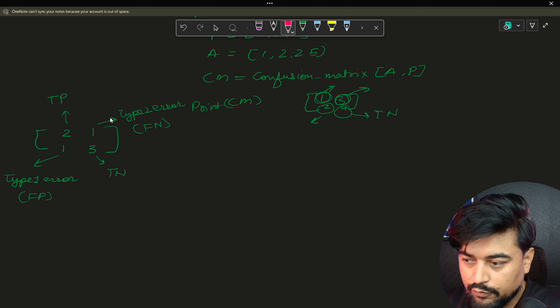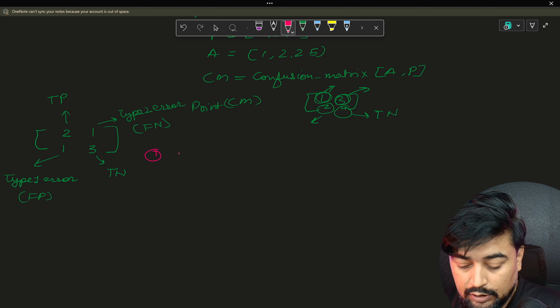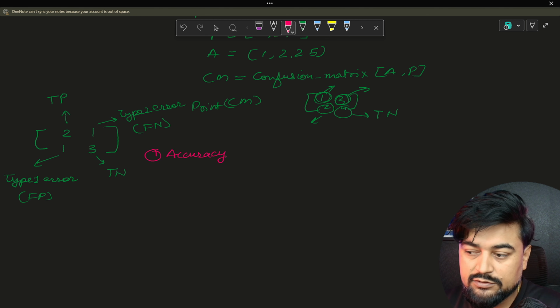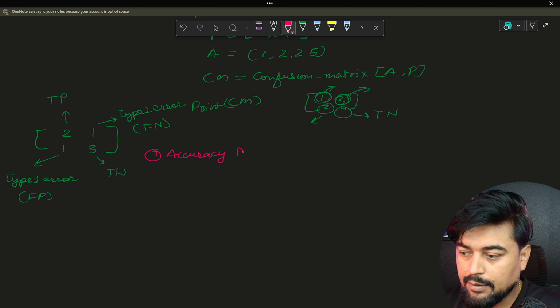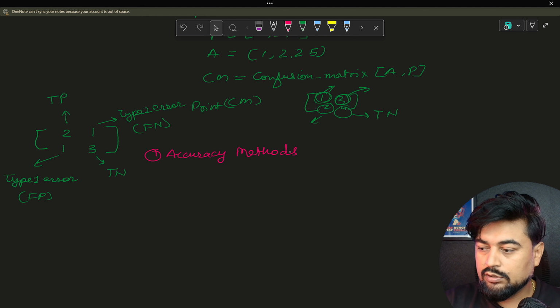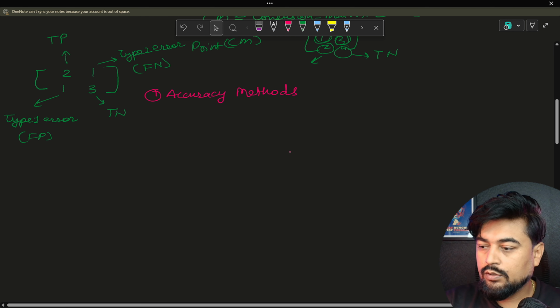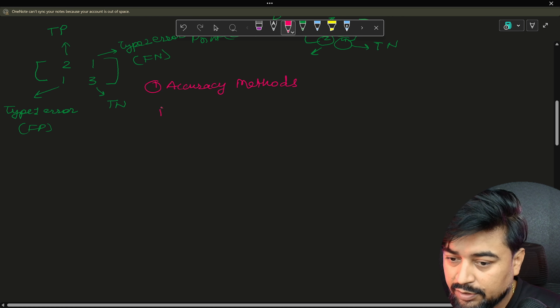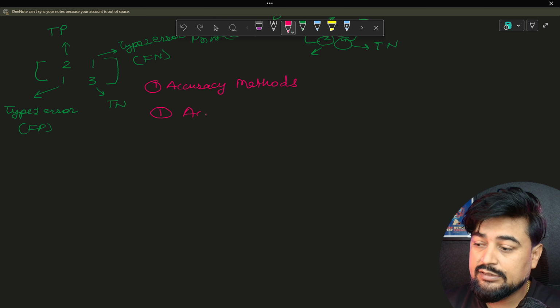Now let's move forward. What are the other metrics we would be using? So the method which we use here is accuracy methods. Once we have the confusion matrix, we apply accuracy methods to the confusion matrix. Okay. Now what are the accuracy methods? So number one metric which we use there is accuracy itself.